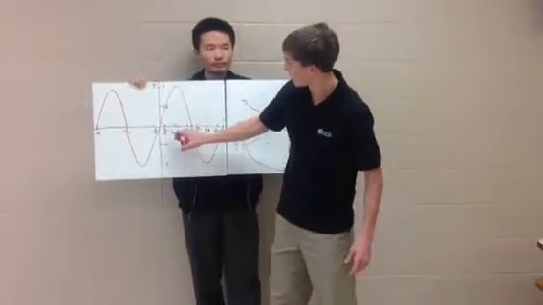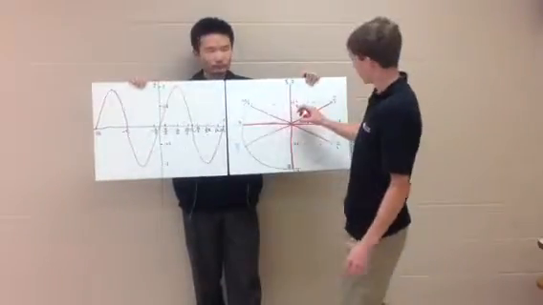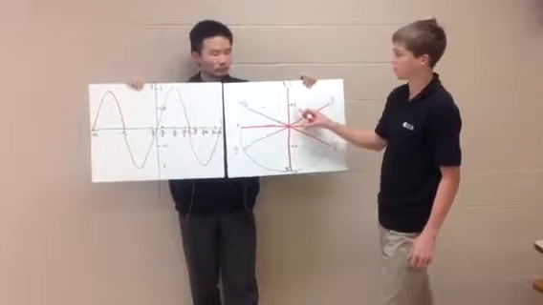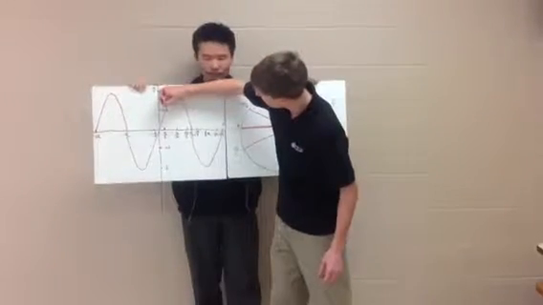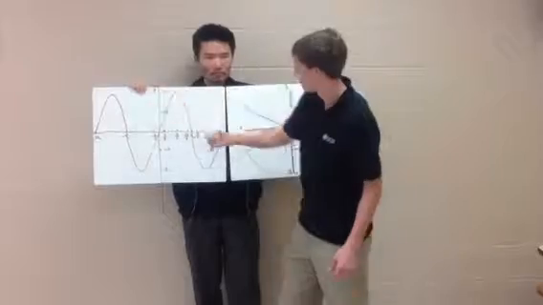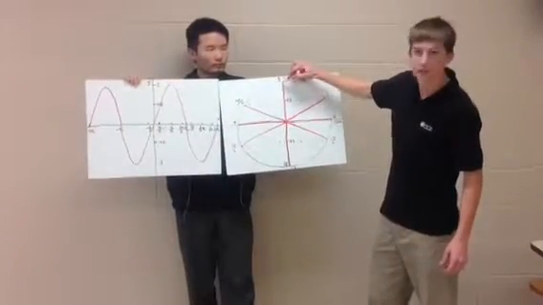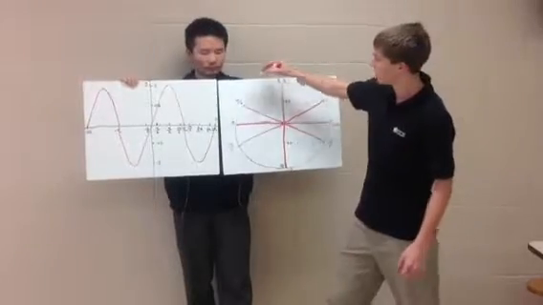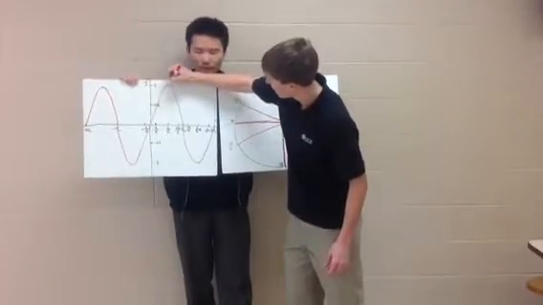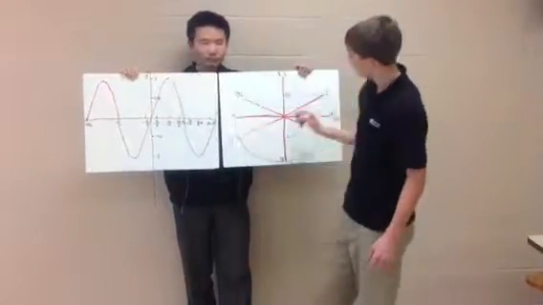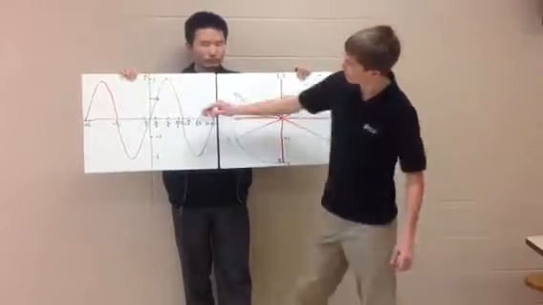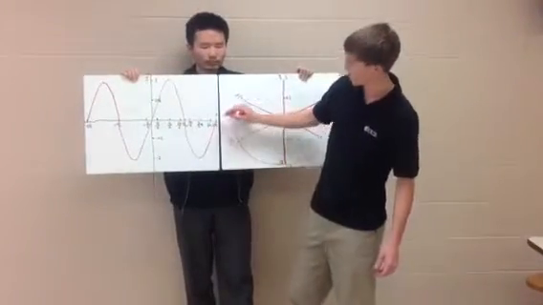We find pi over 6 here, and sine is actually equal to 0.5. So we plot our point at 0.5. Then at pi over 2, we see that sine theta is equal to 1. Just like this, we put a point here. And we can continue all the way around the unit circle to create our 2 pi.